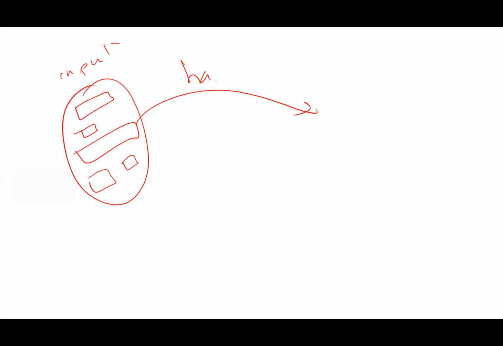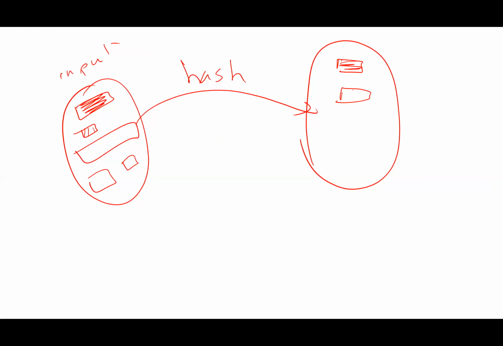Hash functions have a one-to-one correspondence, meaning that this input will give you this hash, this input will give you this hash, and this input will give you this hash. So there's a one-to-one correspondence. You notice the inputs are different lengths, but the outputs are all the same length.